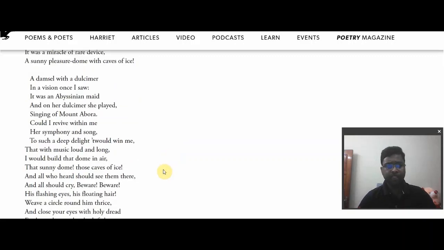And what did he see in his vision? He saw an Abyssinian maid, and on her dulcimer she played, singing of Mount Amora. Of course, this Mount Amora could refer to Mount Amara in Paradise Lost. If we read it as an intertextual reference, we could go back to lines 280 to 282 of Paradise Lost by John Milton. In Book 4, Milton writes, nor were Abyssinian kings their issue guard.